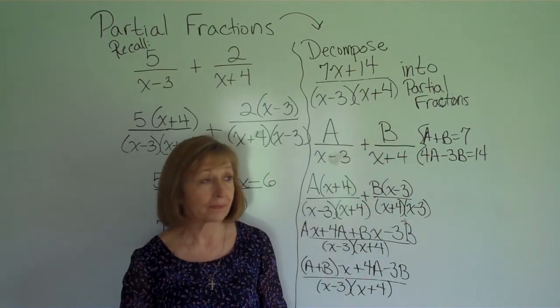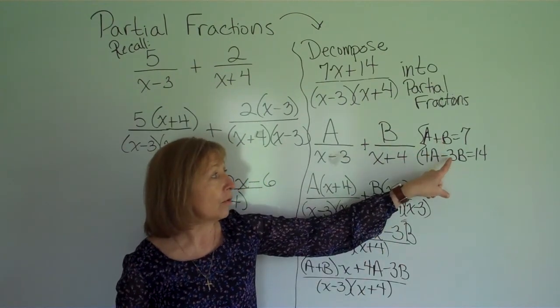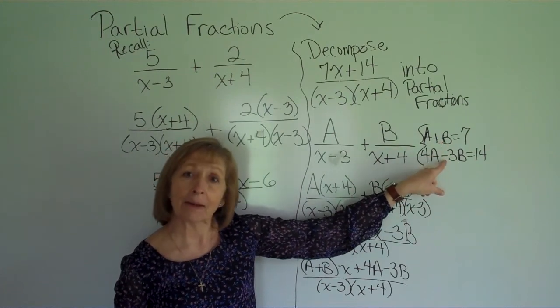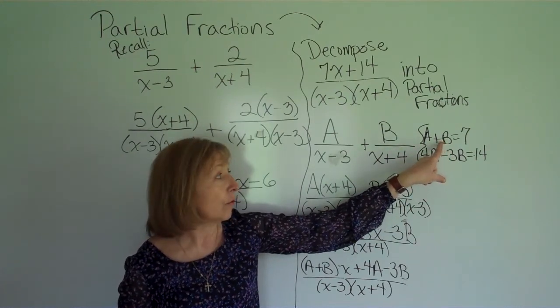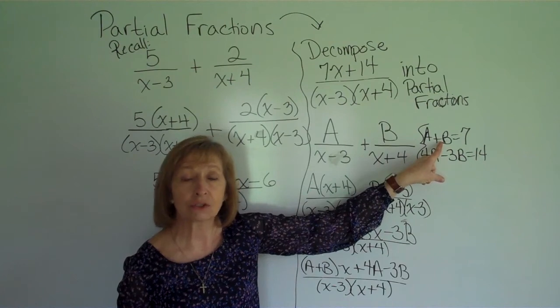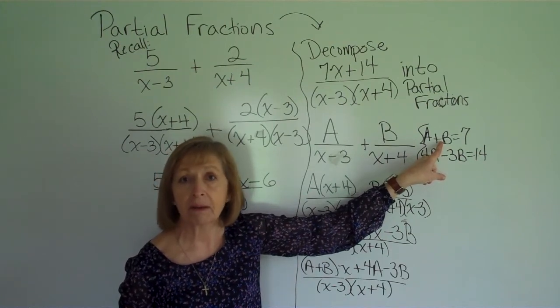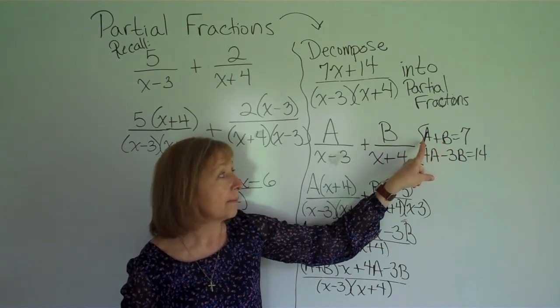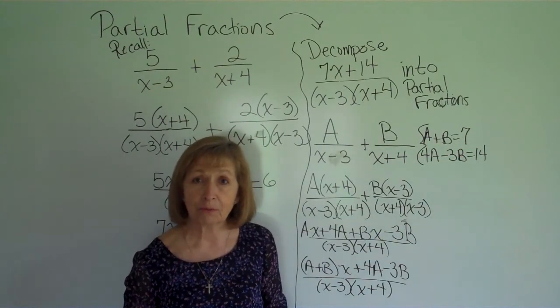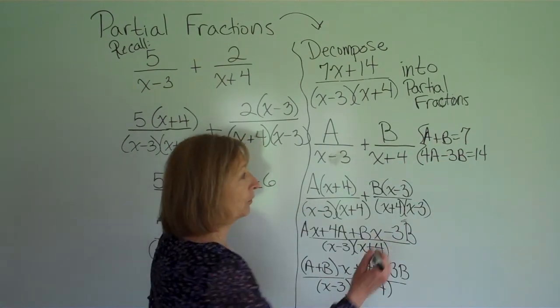to solve this system. Now here, my coefficients in front of my b's are already opposite in sign, and the coefficient of b in the first one is just a 1, so it'd be really easy to solve this by elimination by addition, by just multiplying this first equation through by 3 and then adding the equations.